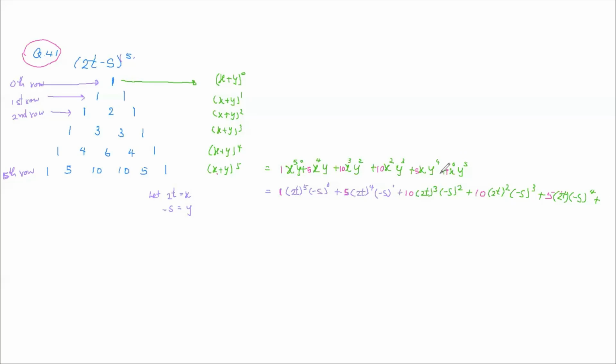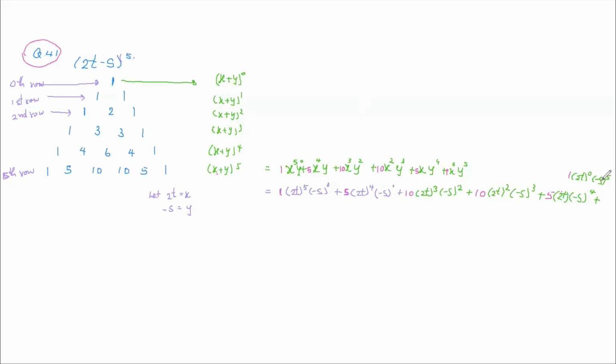Plus the last term here. The coefficient is 1. Align to the top, okay. So 1, and then x is 2t power 0, and y is negative s power 5.